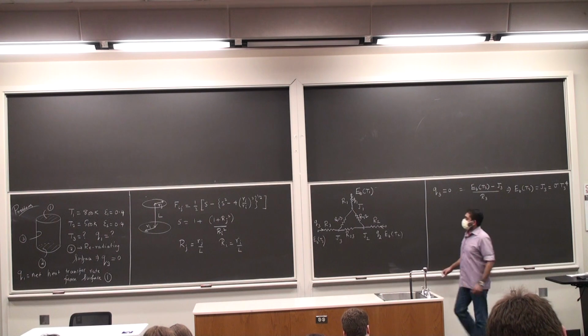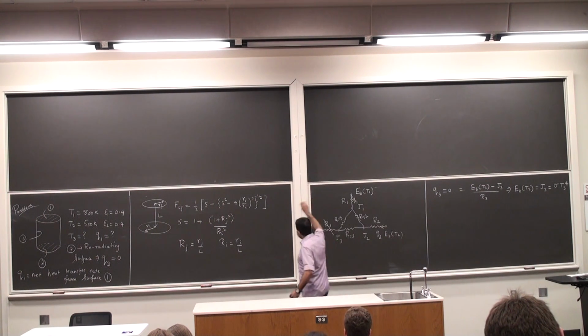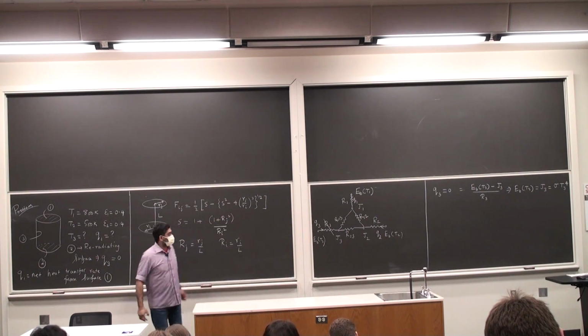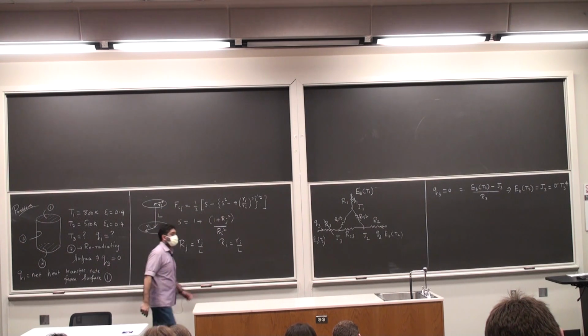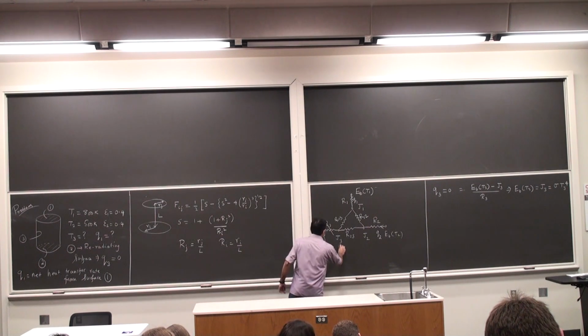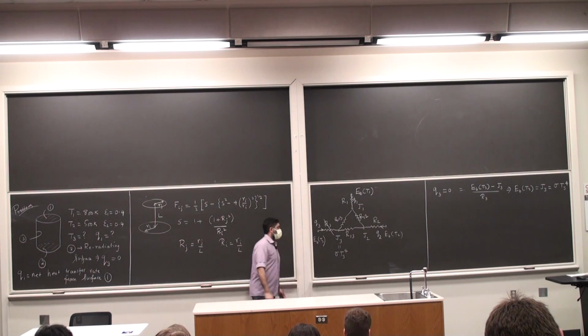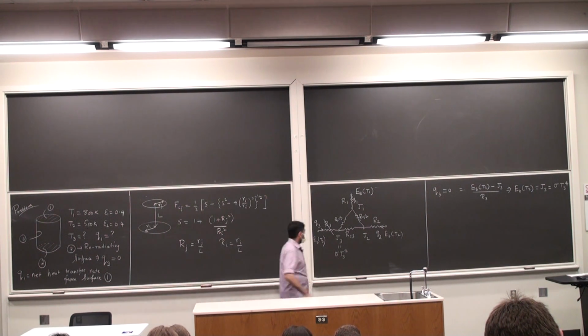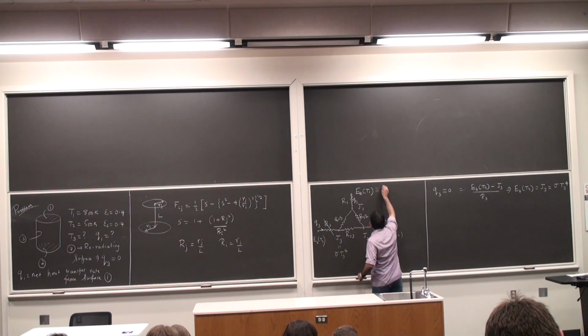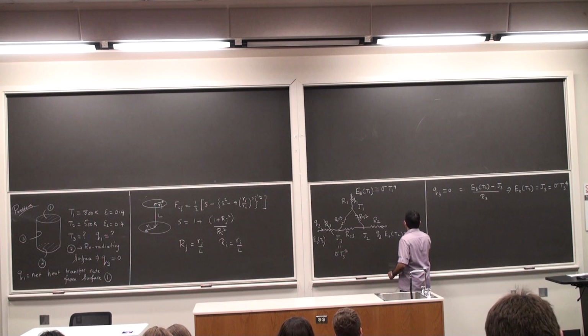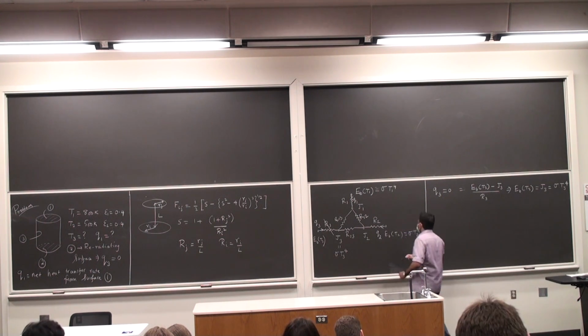So I can cancel off this branch here because I know that EB at T3 is the same as J3. So this is sigma T3 to the power 4. And EB at T1, sigma T1 to the power 4, and so on. And this is sigma T2 to the power 4.